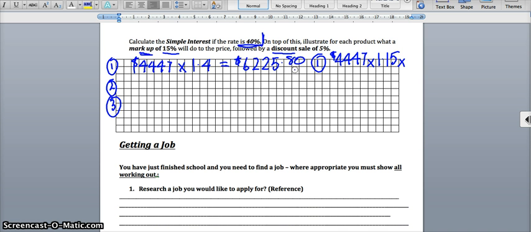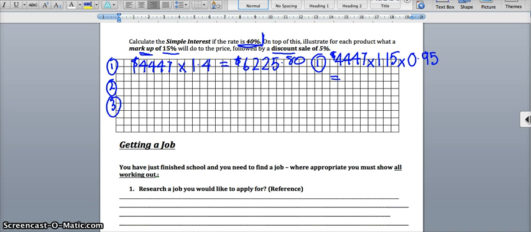And then a discount, does a discount mean more or less, Kayla? Less than 1. So what would our multiplier be for a discount sale of 5%? It's the 100 take the 5%, which leaves you with 95. And then that is a multiplier, Harry? 0.95. Good.